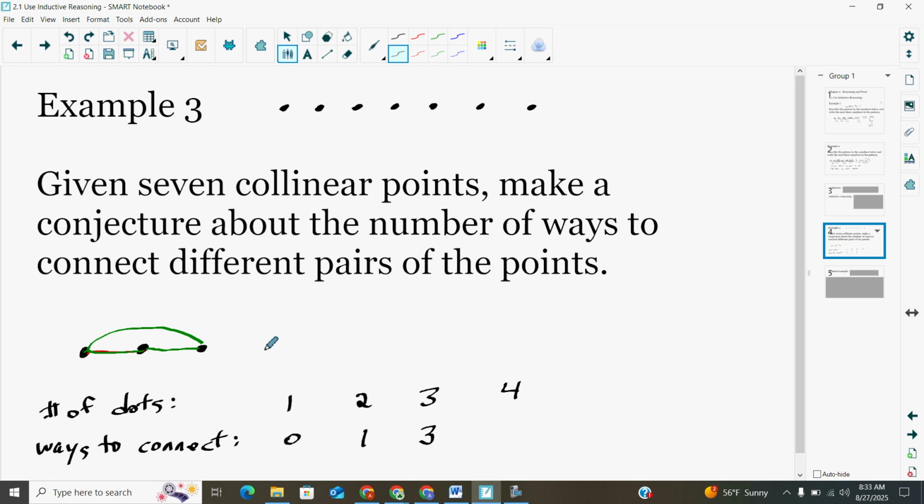How about if we have 4 dots? 4 dots. 1, 2, 3. The 3 I already had. That's 4, 5, 6, right? And I already connected these 2. So 6 different ways.